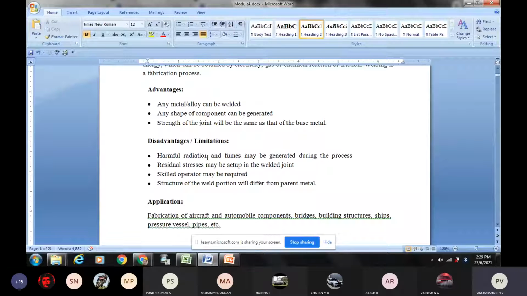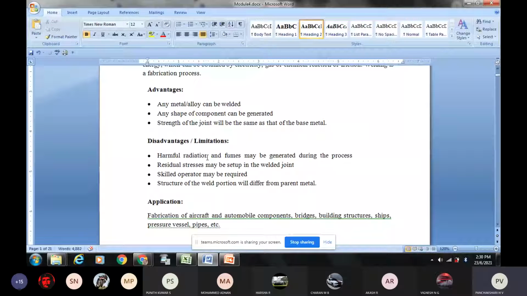Then a skilled operator is definitely required, because if the welder is not skilled, it is very difficult to weld the joints. So skilled labor is required to do the welding.